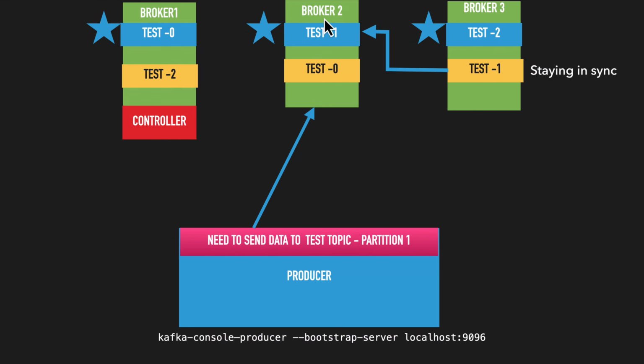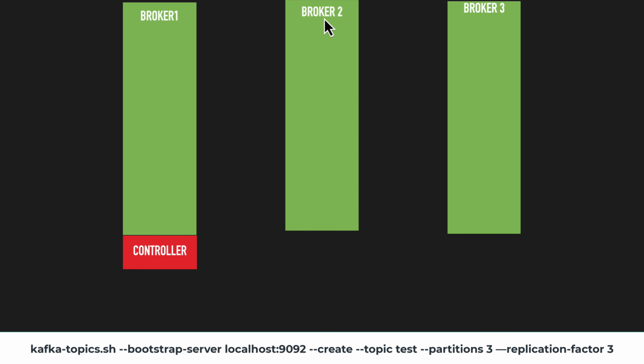Now let me explain this with a broader example. Imagine we have a replication factor of 3 for our test topic. So now our test topic has 3 partitions. Let's say the controller takes care of it and distributes all these 3 partitions across the brokers.